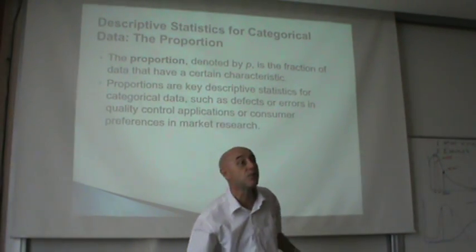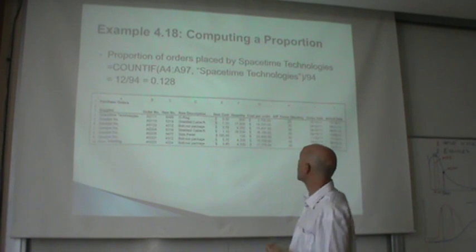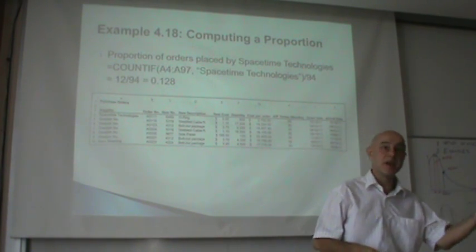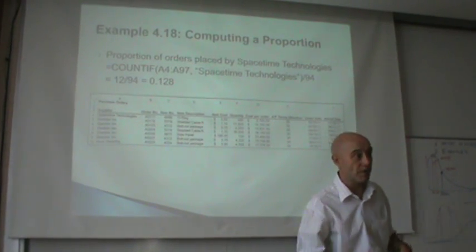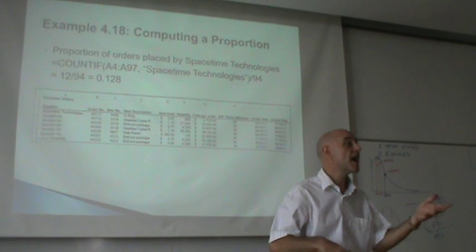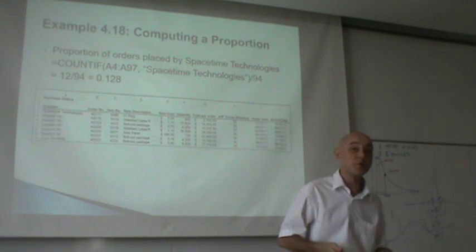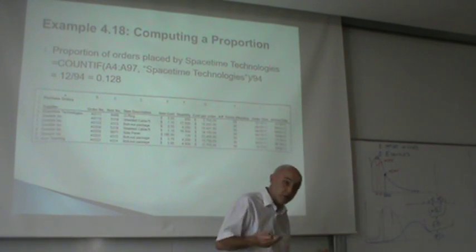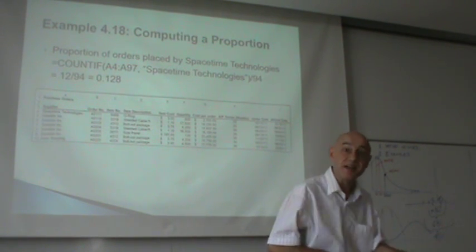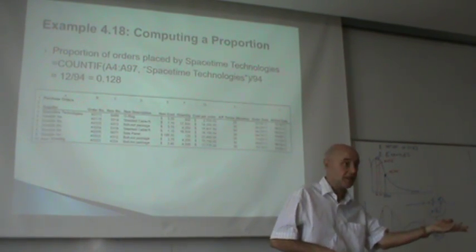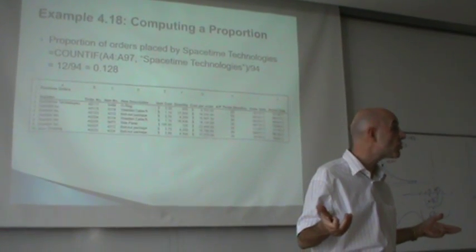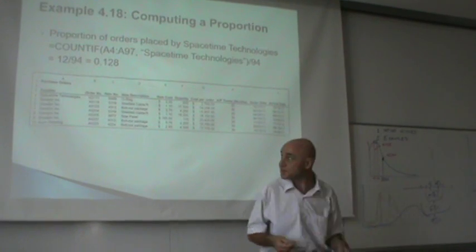Descriptive statistics for categorical data. Well, in categorical data, you want to know how many men, how many women, how many A's, how many B's, how many F's. How many cars, how many motorcycles, how many taxis. Oh, how many come with a limousine and a driver, maybe.